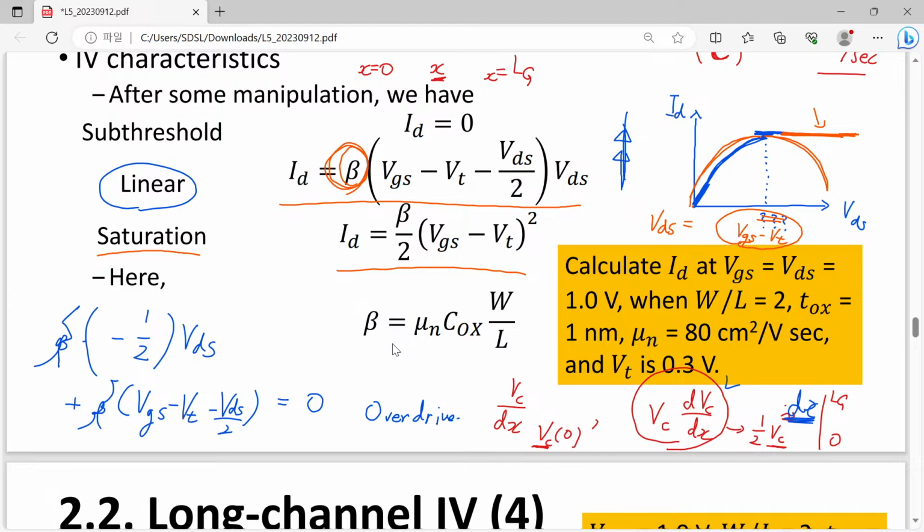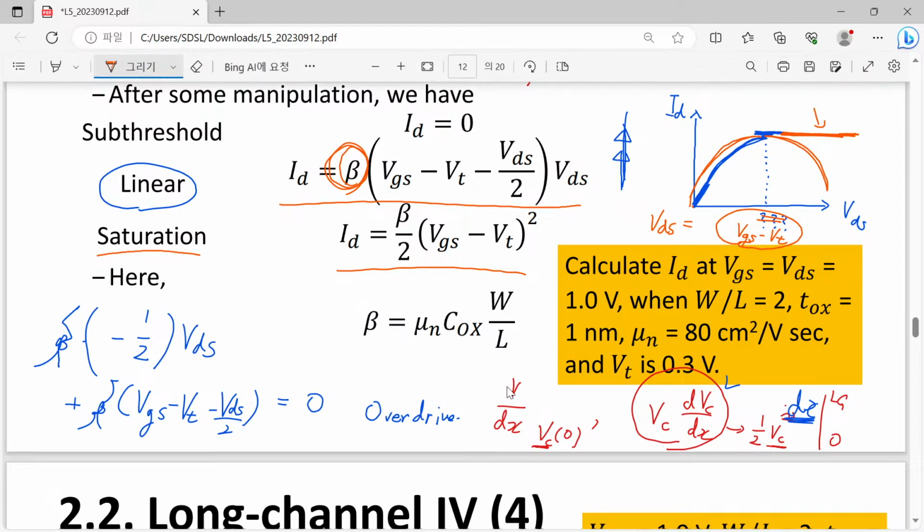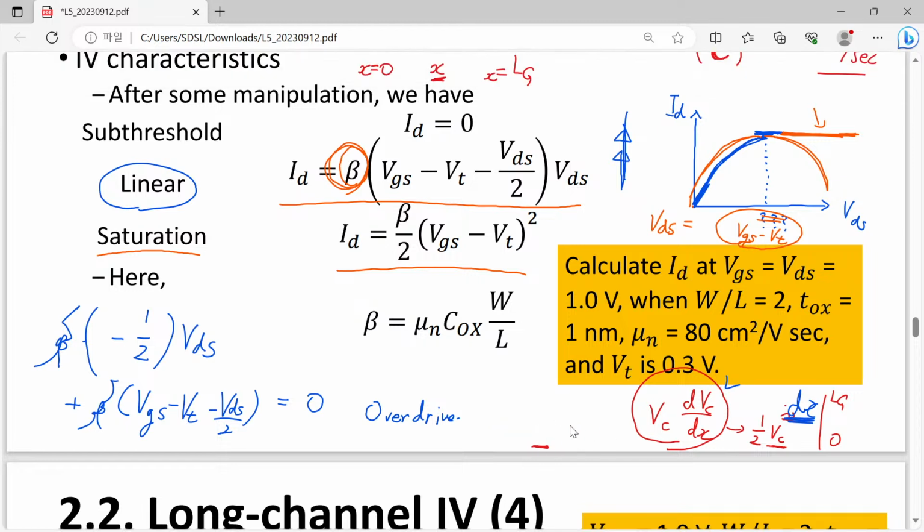Okay, then let me just try to estimate. Here I have prepared one simple problem.